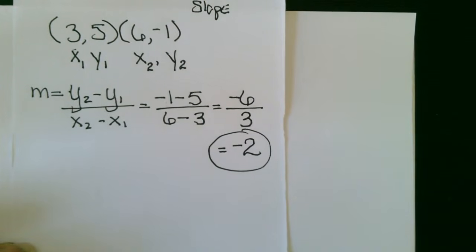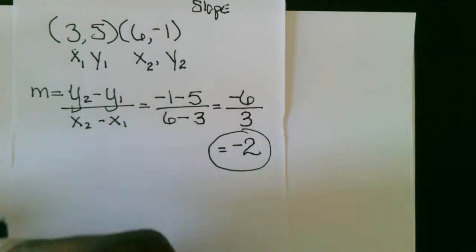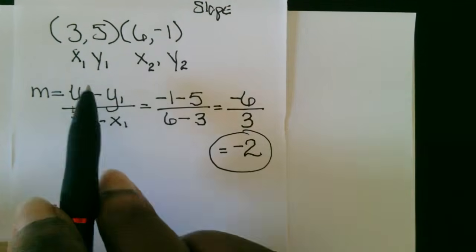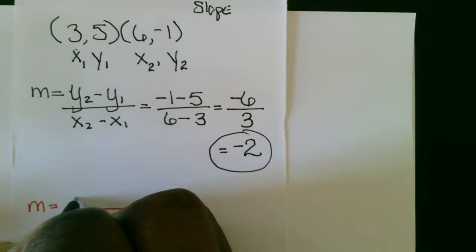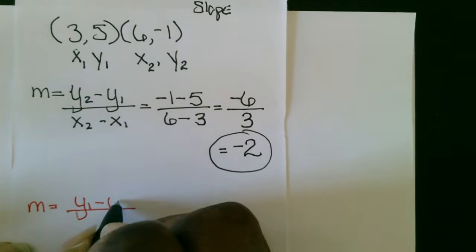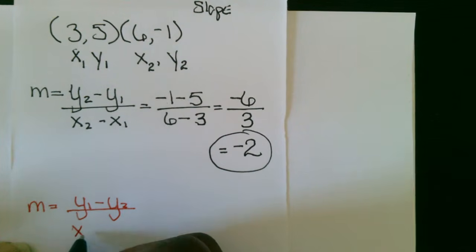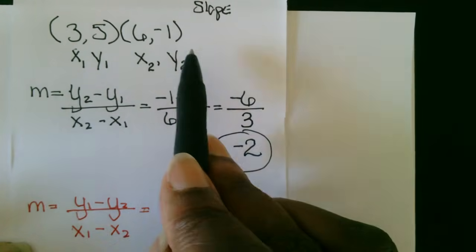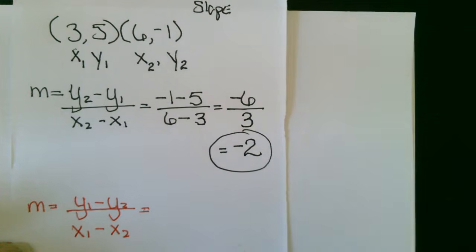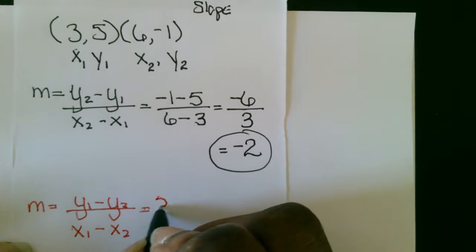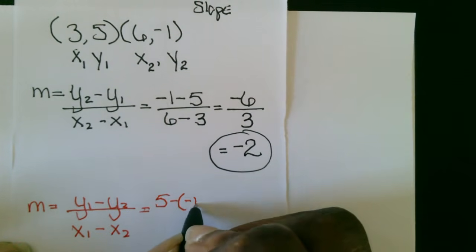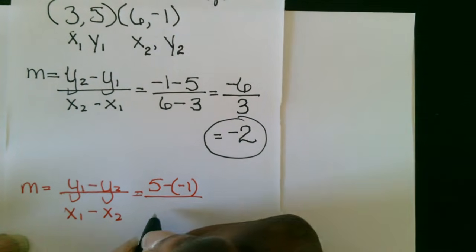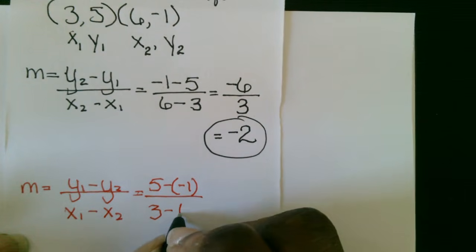So this is why sometimes I like to do math this way. I read it the way that I normally read, so I go from left to right. I have my y1 minus my y2 and my x1 minus my x2. So I go left, right, left, right. This would be my 5 minus a negative 1 over my 3 minus 6.